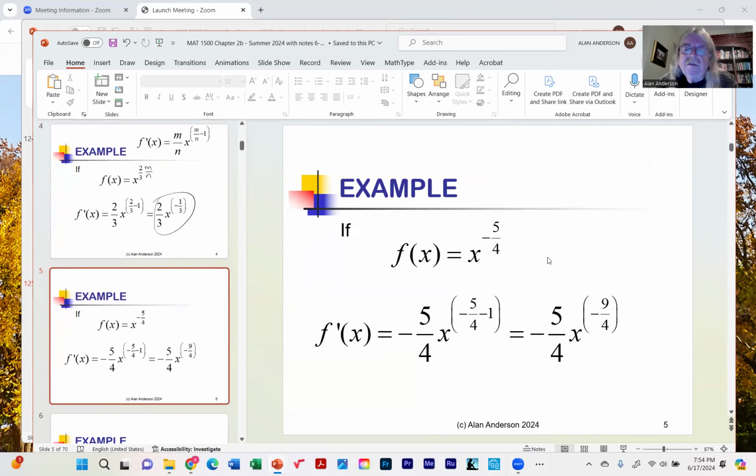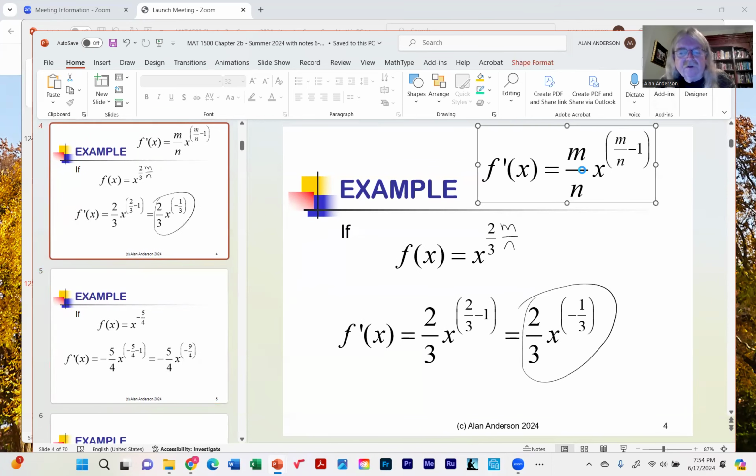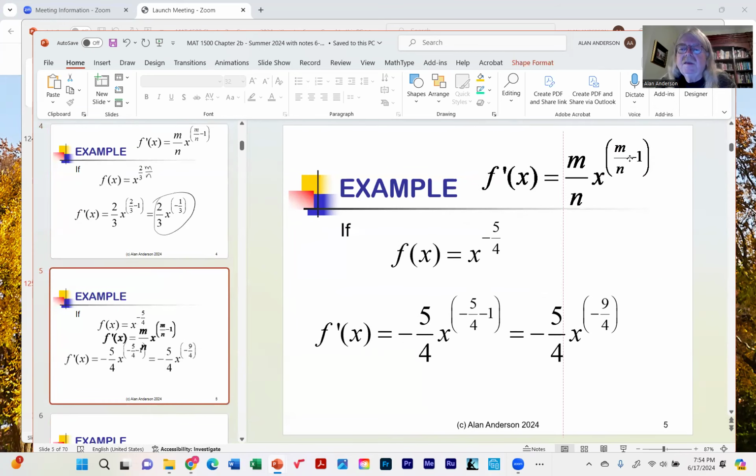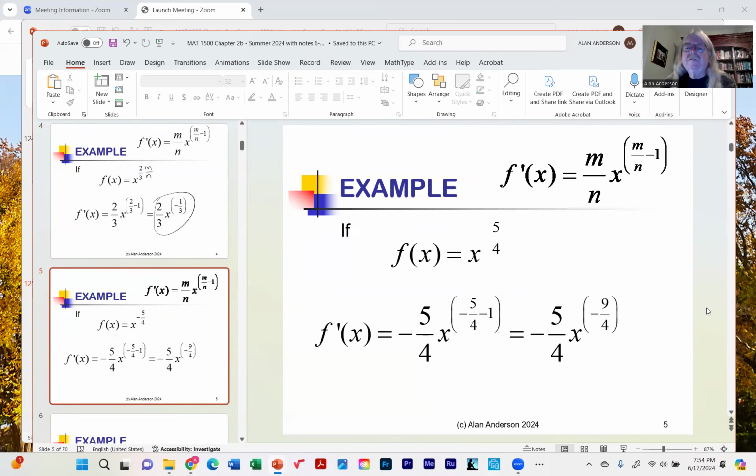Or how about this one? So again, let me copy the rule for you here. Since the exponent is -5/4, we can think of m as -5, n is 4. And so we end up with -5/4 times x to the exponent -5/4 minus 1.